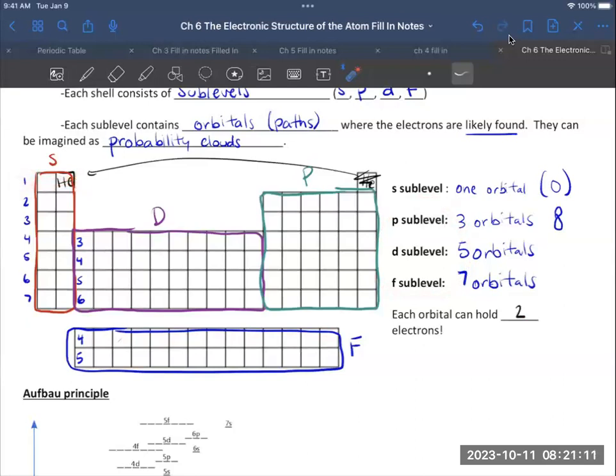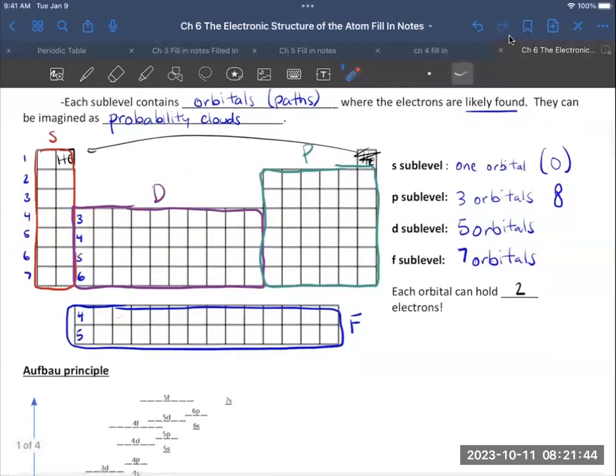Then onto the second shell, we have an S and we have a P. In the third shell, we have an S, a P, and a D. And then on the fourth, we have an S, a P, a D, and an F. Theoretically, if there were more electrons to locate within the atom, we would add more sublevels. But as it turns out, with just these 4, we can place electrons everywhere they need to go. That's why the order is the way it is.